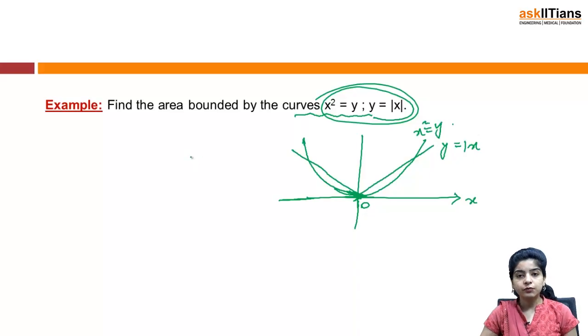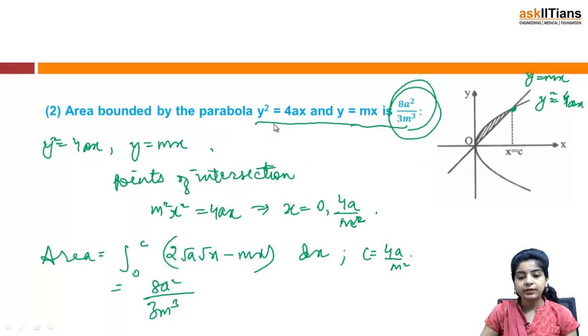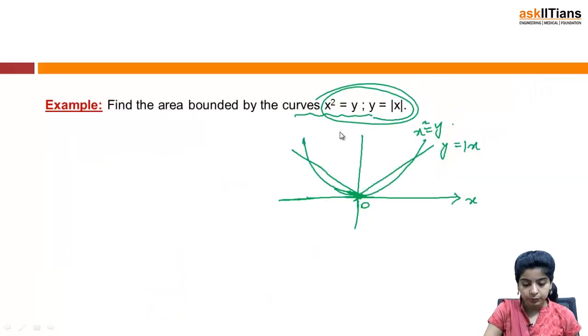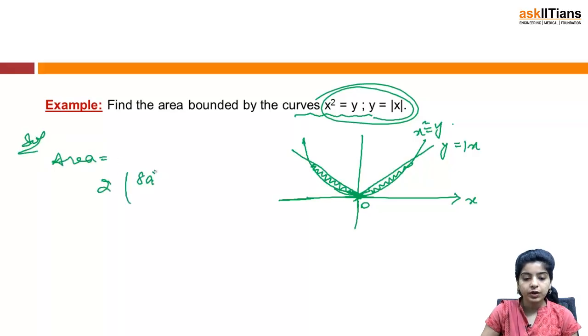We have just discussed the formula for the area enclosed by x square equal to 4y or y square equal to 4ax and y equal to mx. Now this is the graph and this is the area we are required to find. So the area would be twice of 8a square by 3m cube, that is 16a square by 3m cube.